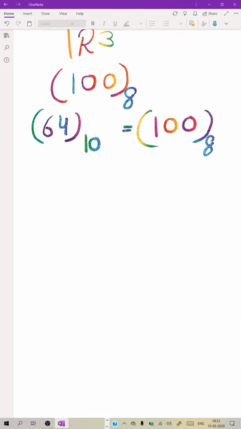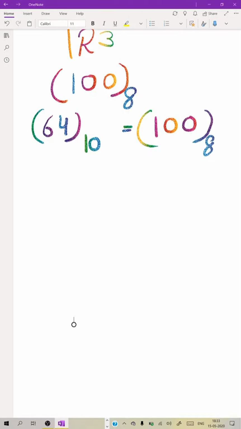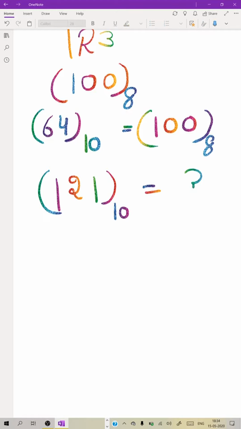For example, our next value is 121. This is my decimal value, and convert it into octal.